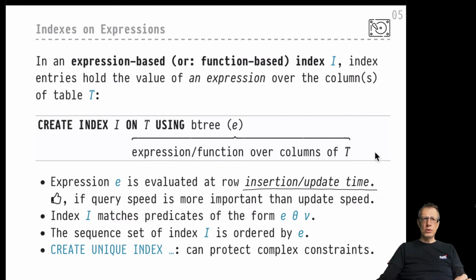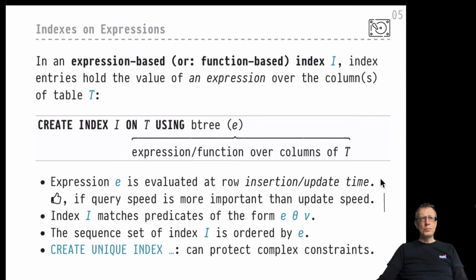This is very important. Already when the row is inserted, we evaluate E, some value is being computed. This is the search criterion. Under this particular expression value, the row will be inserted in this expression-based index, which can be very nice because then all the effort of evaluating the expression E is just relegated to row insertion time.